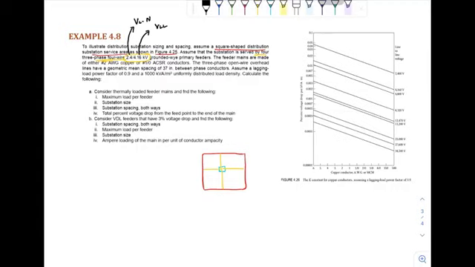The feeder mains are made of either number 2 American wire gauge copper or number 10 ACSR conductors, meaning aluminum cable steel reinforced. We have already seen that the size of the conductor will be used to find the value of the K constant and also the conductor current carrying capacity.